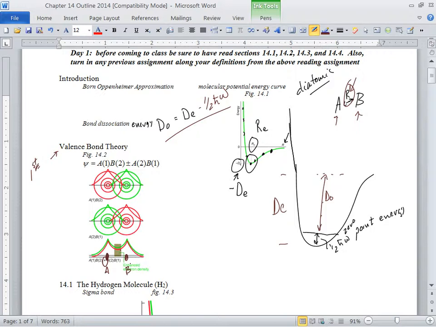I don't know if you remember stuff like probability density. You might even hear the word electron density. That is, there's non-zero electron density between the two nuclei.